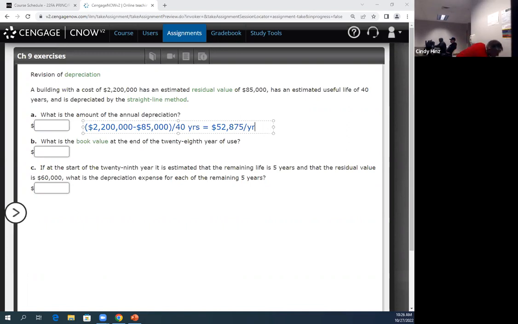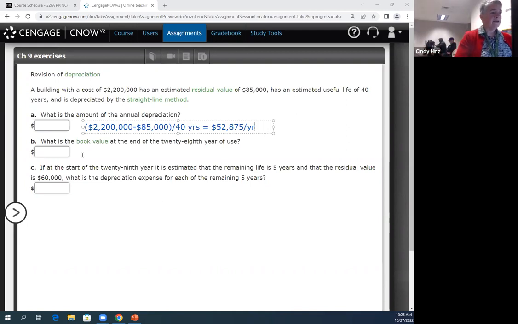So the next question says, what is the book value at the end of the 28th year of use? And so we saw the formula, we talked about book value. I also used the term carrying value because that's the amount that we are carrying on our balance sheet.